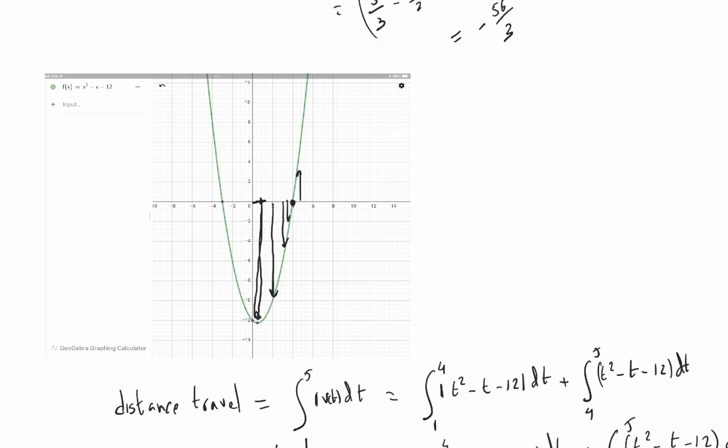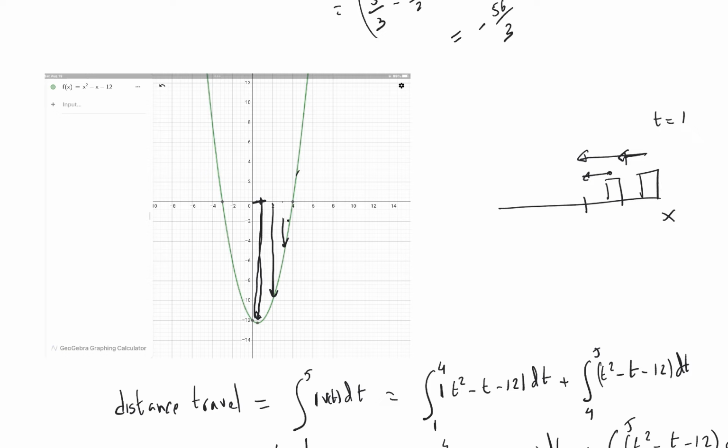This is the x-axis, the object is moving to the left. And when t equal 1, it is moving with a big velocity. When t equal 2, the object is still moving to the left with a smaller velocity, but also to the left.